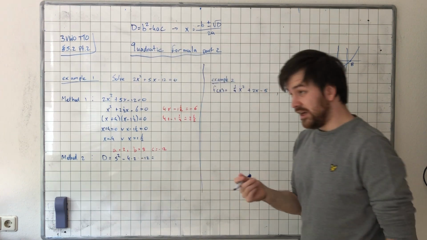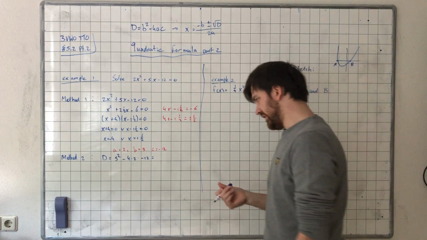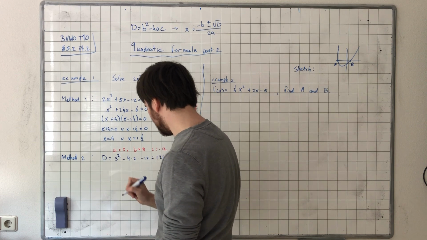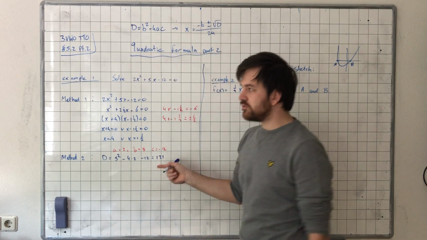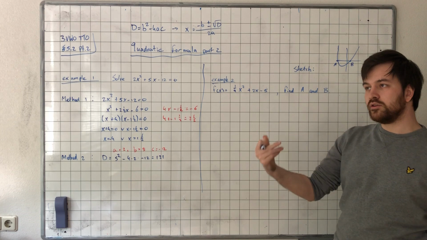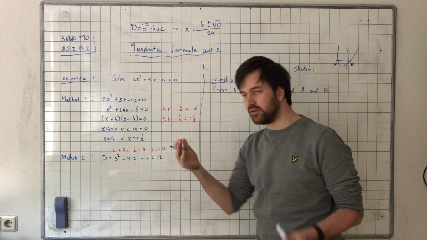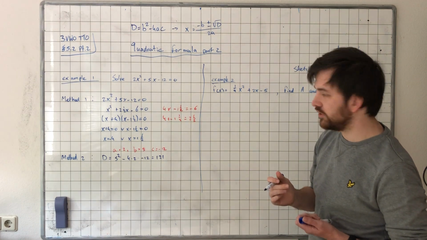Maybe you can do this by head, maybe you cannot do this by head. This is 121. Since this is positive, it means that there are 2 solutions, and you will actually be able to find them, and we already knew that, so everything is working out as expected.